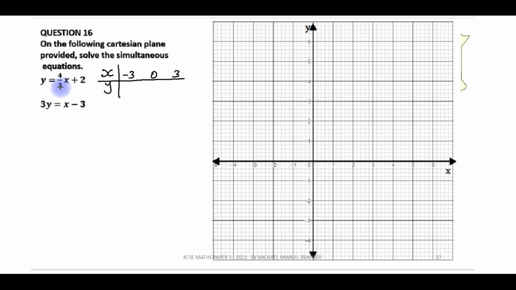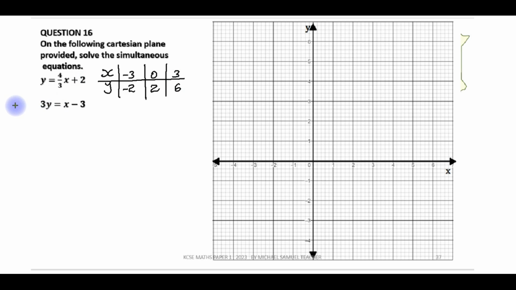So when x is minus 3, 4 over 3 times minus 3 is actually minus 4, plus 2, we get minus 2. Then when x is 0, y will be 2. When x is 3, 4 over 3 times 3, we get 4 plus 2, that is 6. So that's what we are going to plot.